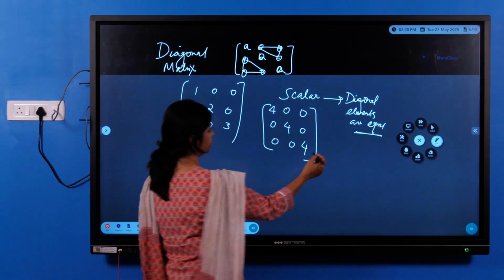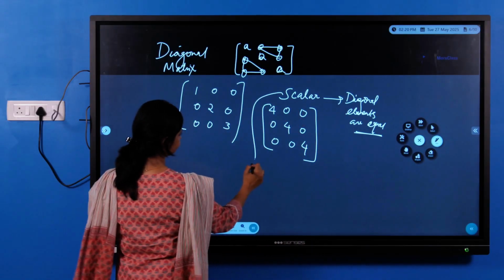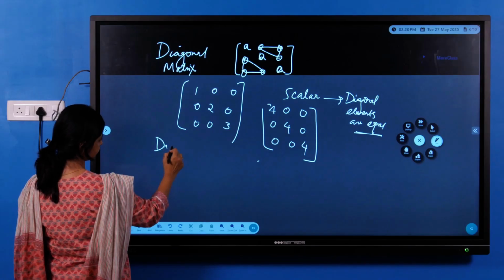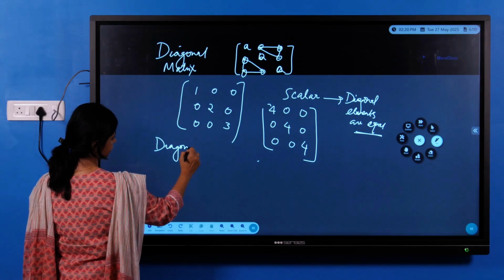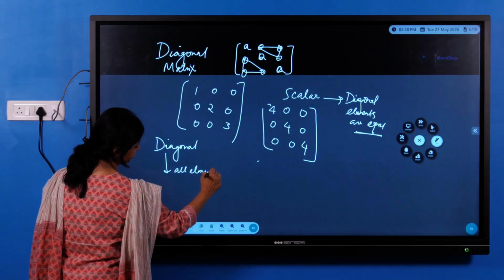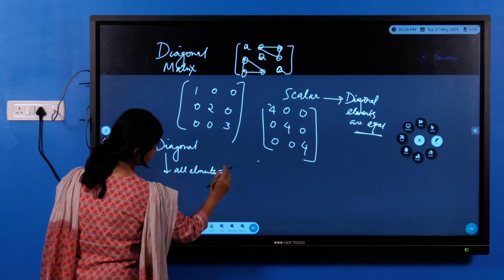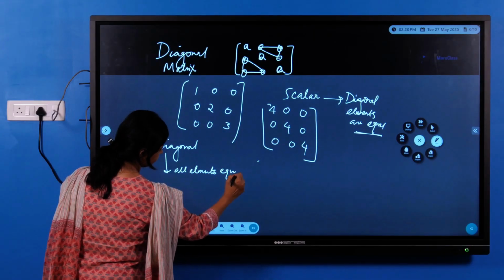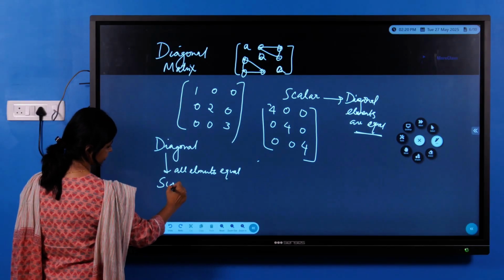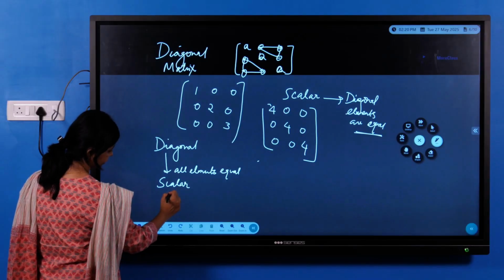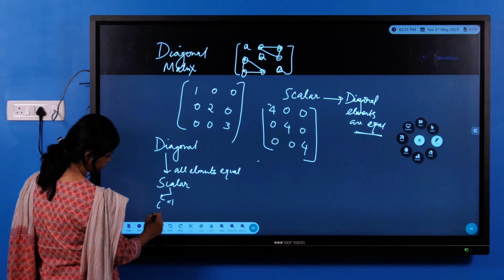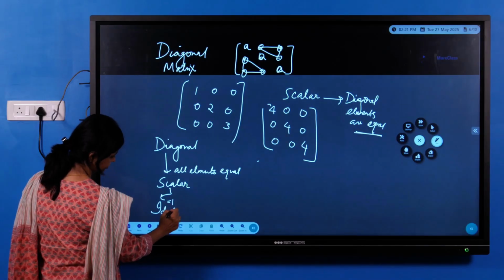Now, let's say a diagonal matrix where all elements are equal will be called a scalar matrix. And now a scalar matrix, if the diagonal elements are equal to 1, is called an identity matrix.